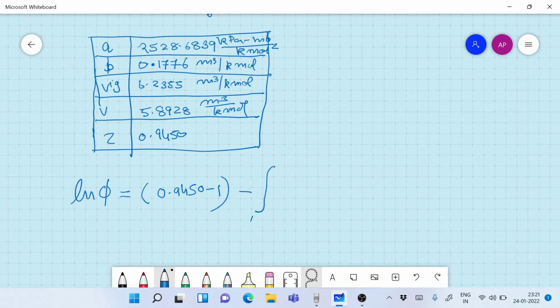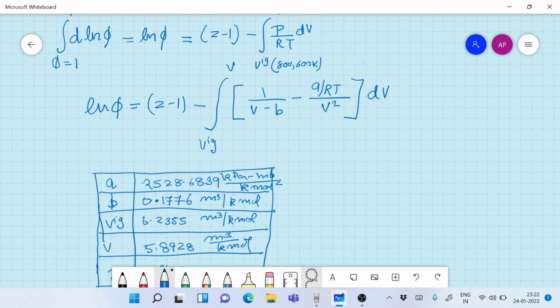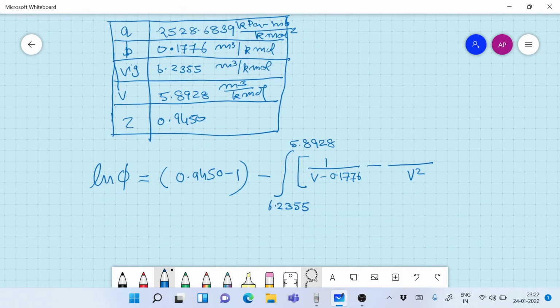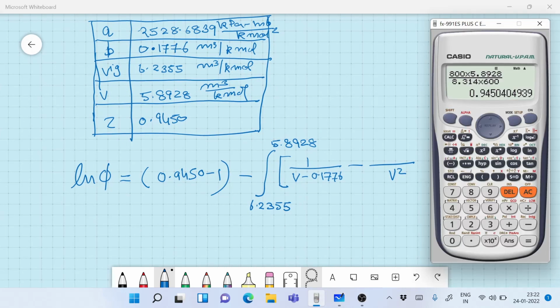The lower limit is 6.2355 and the upper limit is 5.8928, and it is 1 over v minus 0.1776 minus a by rt divided by v square. Now let's make one whole value of this, that is a by rt, okay, it gets easier to calculate.